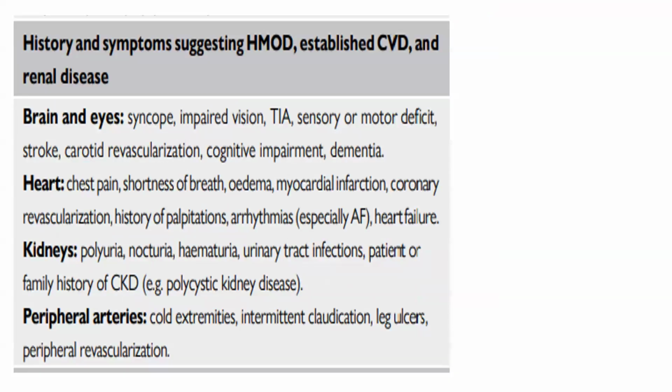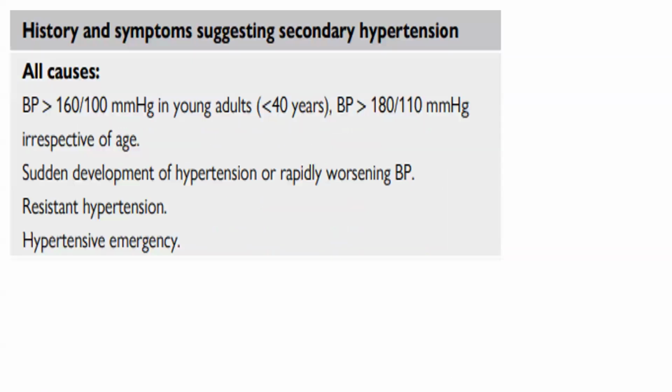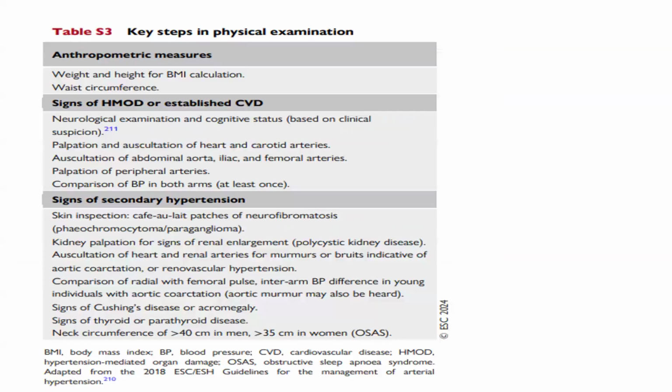And our history should target identifying hypertension-mediated organ damage and established cardiovascular diseases in the brain, eyes, heart, kidney, and peripheral arterial disease. And we should also look for clues for secondary hypertension.